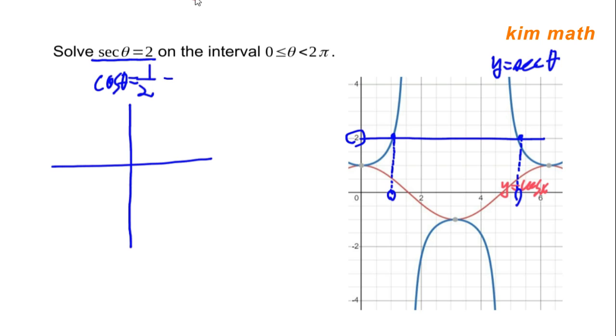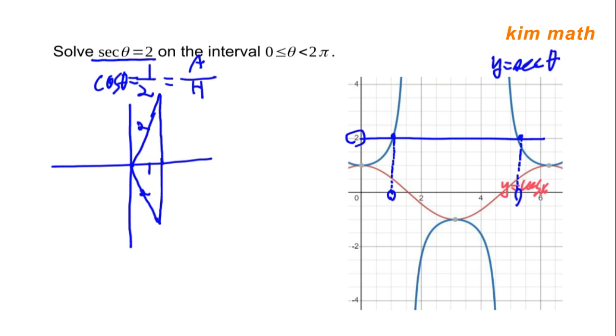And cosine is adjacent over hypotenuse. So how can you sketch a triangle with 1 and 2 as adjacent and hypotenuse? I hope you can sketch this triangle with 1 and 2 here, right? And in the fourth quadrant also 1 and 2 here.